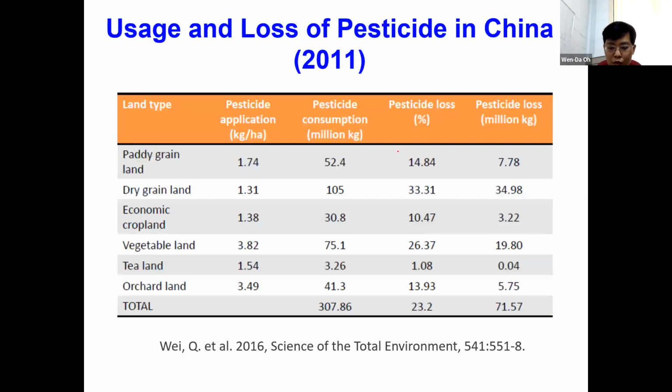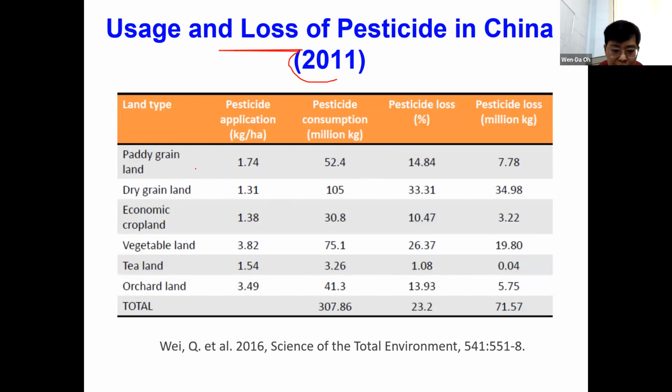So this is something that is quite realistic, and it's happening, in terms of the pollutant actually being transported from one point to other points, right? One example would be this usage and loss of pesticides in China in 2011, whereby we can actually look into this mass balance, right?